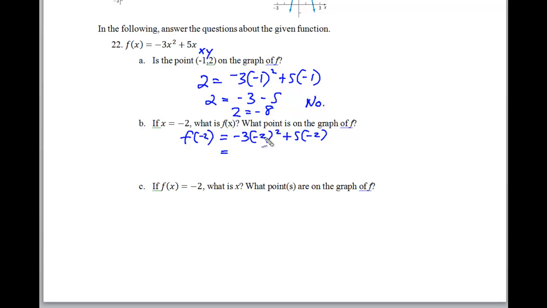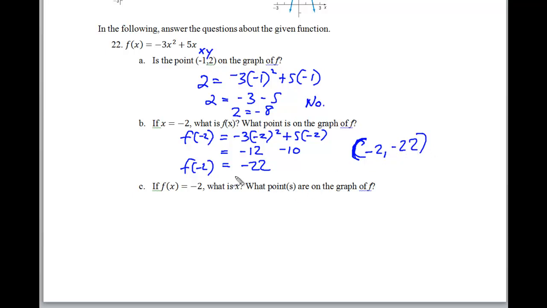So -3 times +4 is -12. And 5 times -2 is -10. So my answer at f of -2 is going to be -22. So what point is it on the graph of f? It is at the ordered pair of -2, -22. So our x value is -2 and our y value is -22.